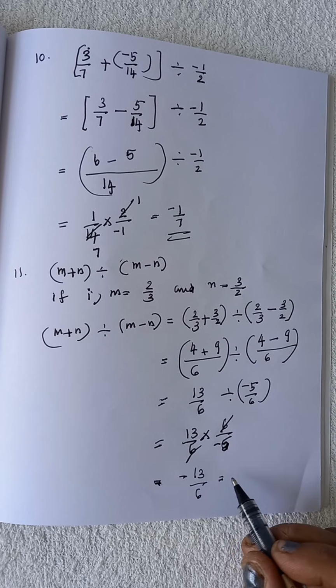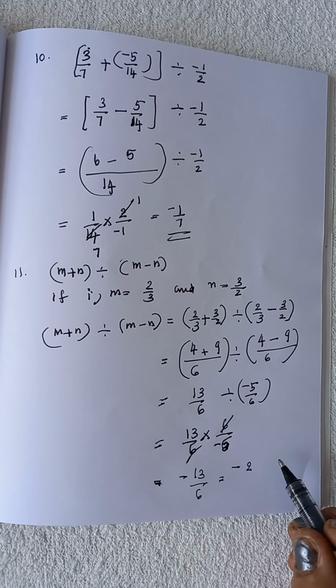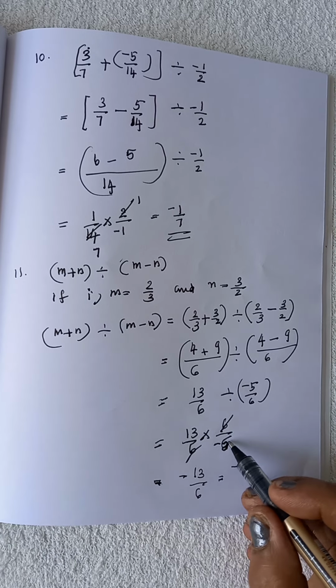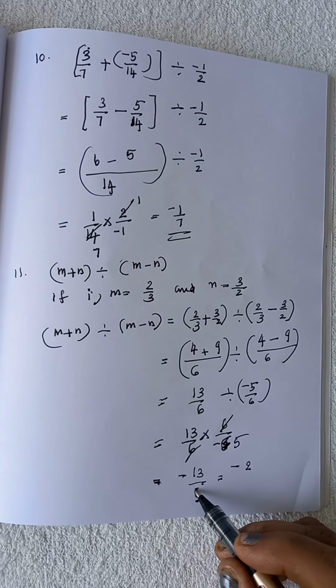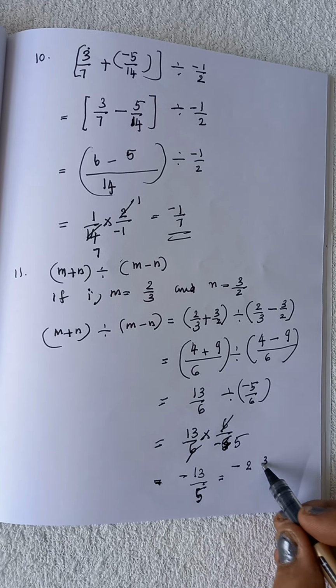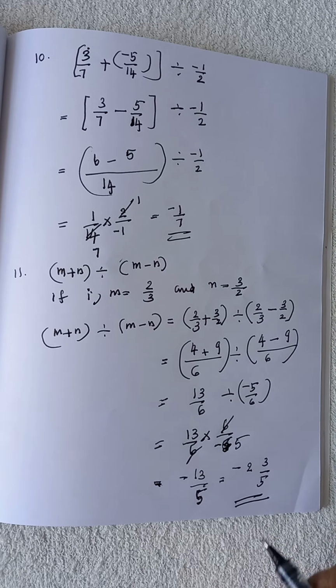That is equal to minus 2 and 2 times 5 is 10, balance 3 by 5. Minus 2 and 3 by 5 is the answer.